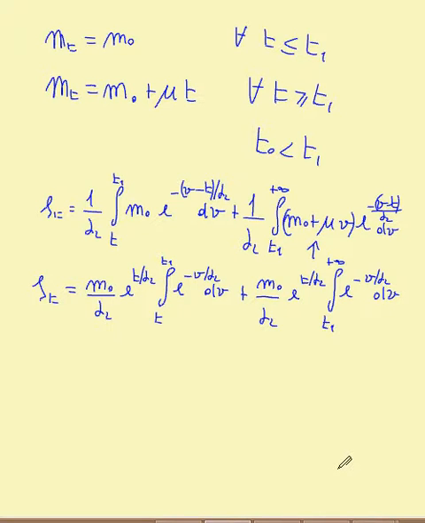The first part. Then we have the part with mu v, and we get plus mu over alpha 2 e to the power of t over alpha 2 integral between t1 and plus infinity of v e to the power of minus v over alpha 2 in dv.